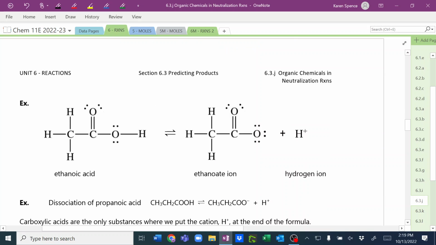So this is what it ends up looking like. This bond here is made of 2 electrons, yes? And those electrons get left behind.